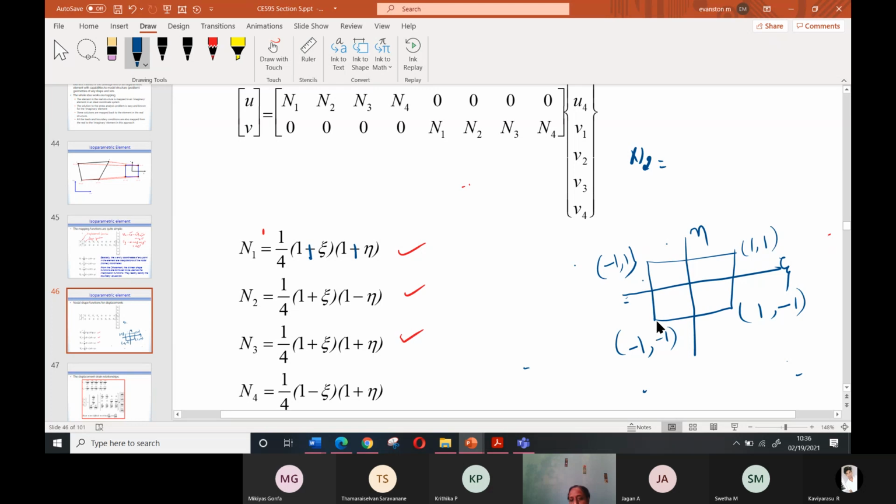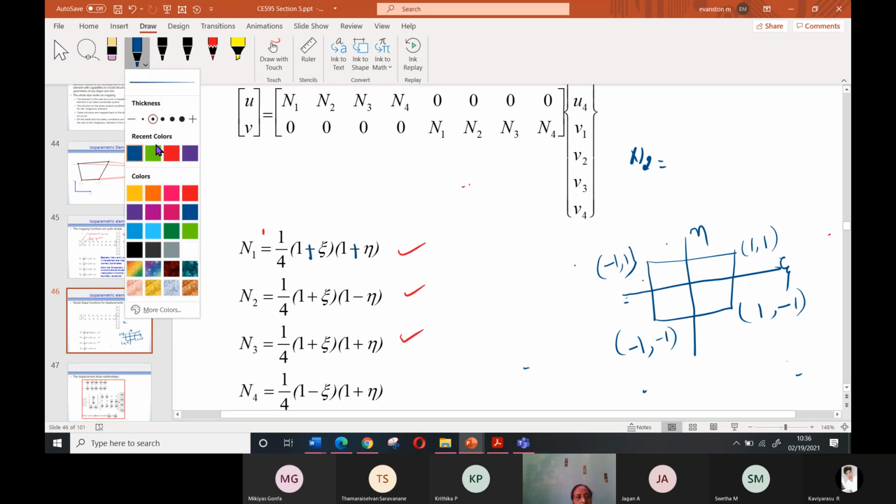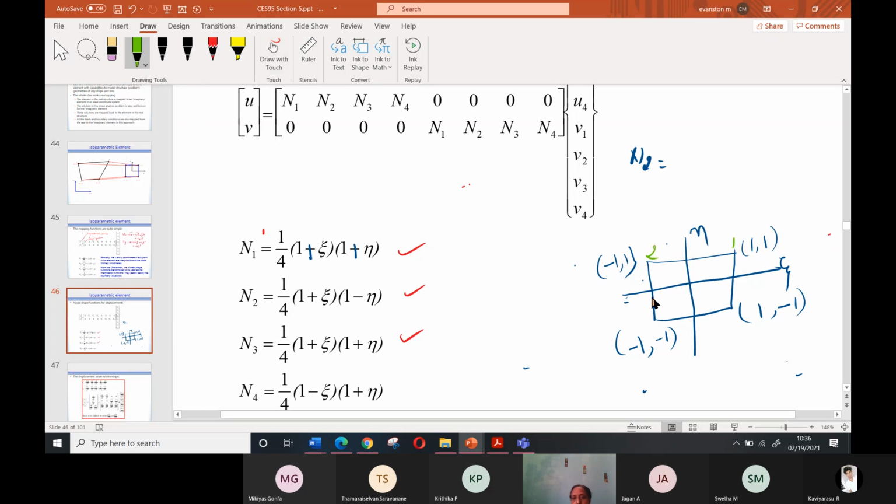So if you take this line, this is 1, 2, 3, and 4. If I am taking this line, you note this third node, it is minus 1 and it is minus 1. So that's why I will write eta is equal to minus 1 line. So it is common throughout.